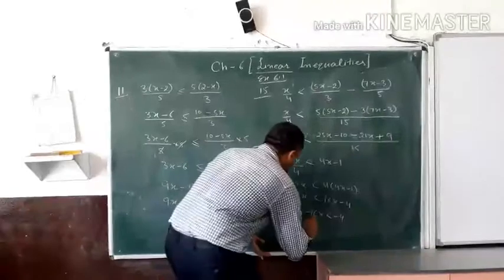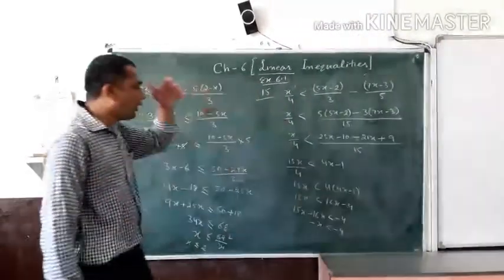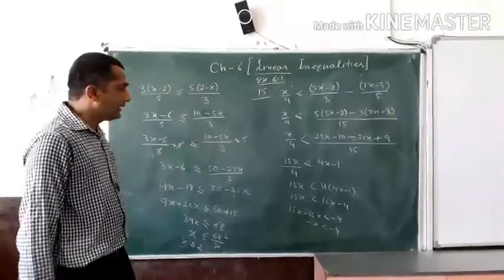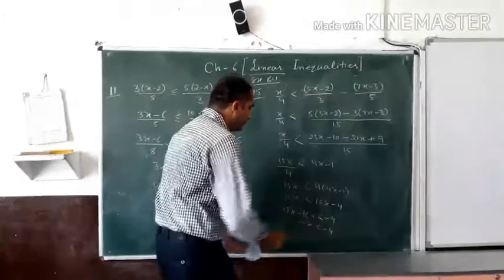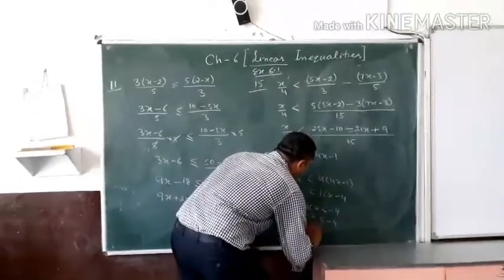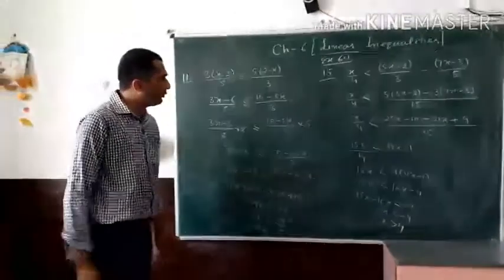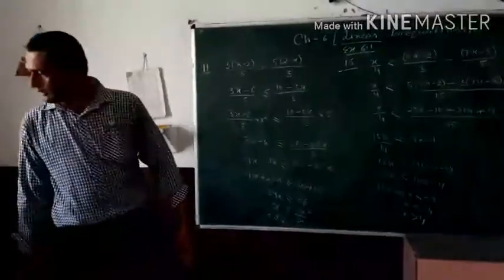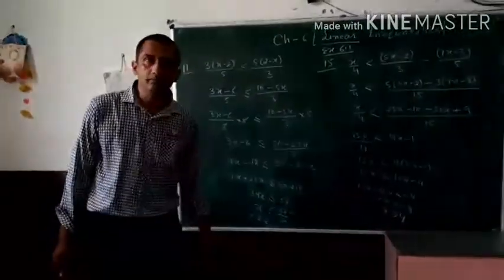So minus x less than minus 4. Now you have to multiply by minus, then the inequality will be reversed. So it will be x greater than 4. So before starting question number 17, pause the video to note it down.